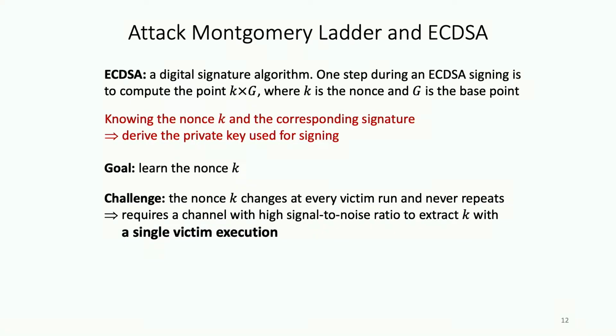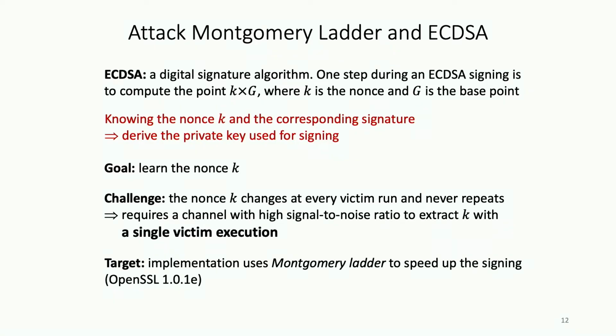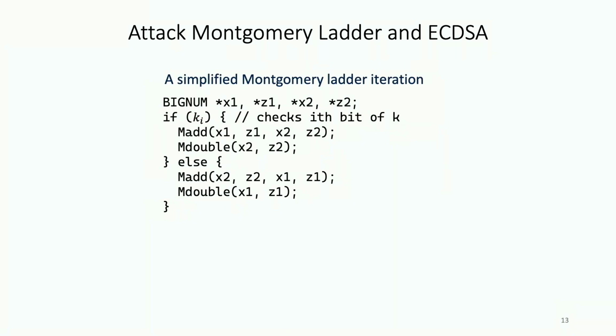Therefore, it requires a channel with a high signal-to-noise ratio, like the Binoculars attack, to extract the k with a single victim execution. And our target here is an implementation that uses a Montgomery ladder to speed up the signing process. Here's a simplified code that we are targeting. The code iterates through every bit of the nonce k.